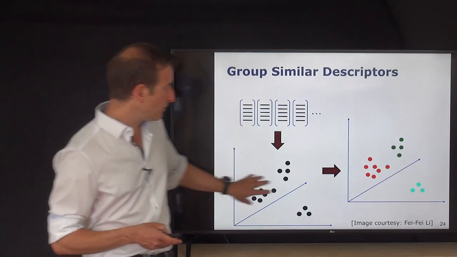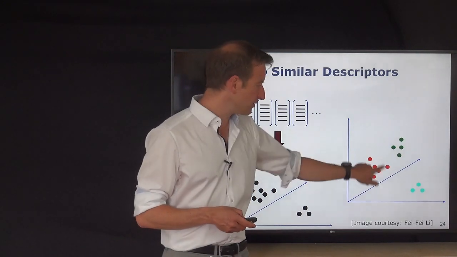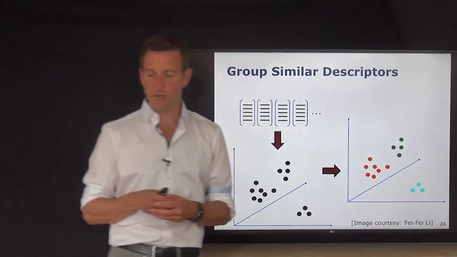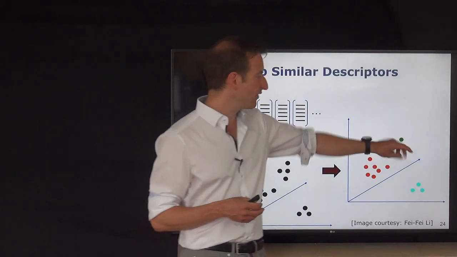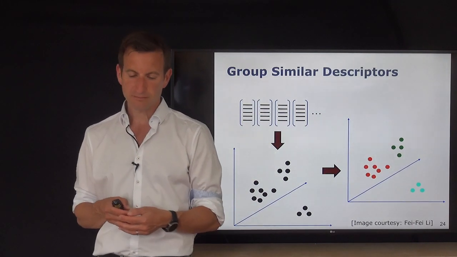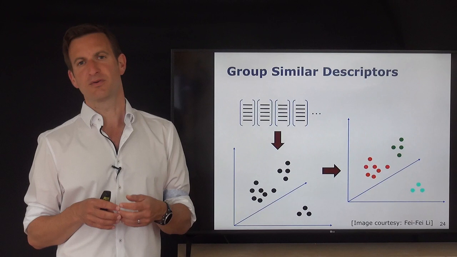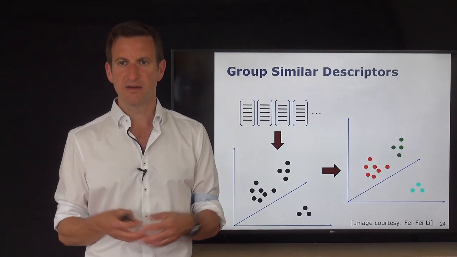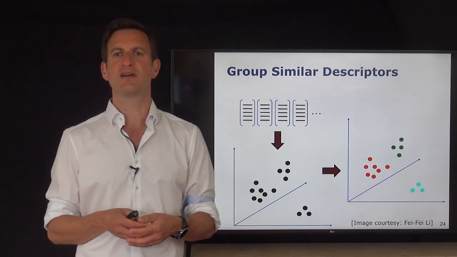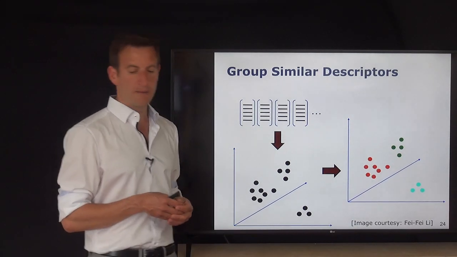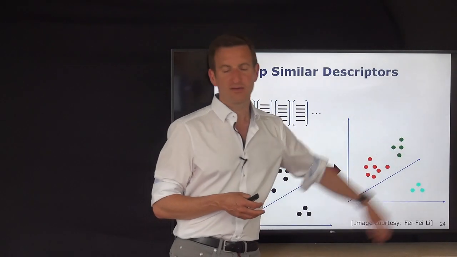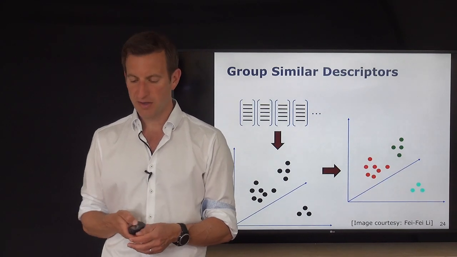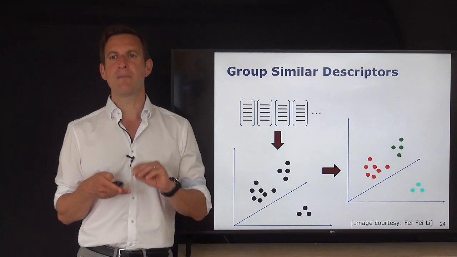So that we can group them here, illustrated by color. This is the red data points. All the red ones are combined together to form one red visual word, and the same holds for the green ones, for example. For this grouping of similar descriptors, we use a clustering algorithm. It clusters our data points, typically in an unsupervised way, so that I get clusters of those feature descriptors, of these points in this high-dimensional feature space, and I can then find representatives for them.